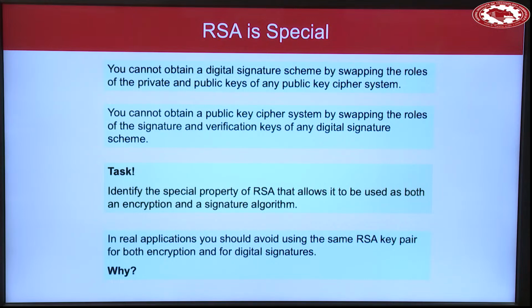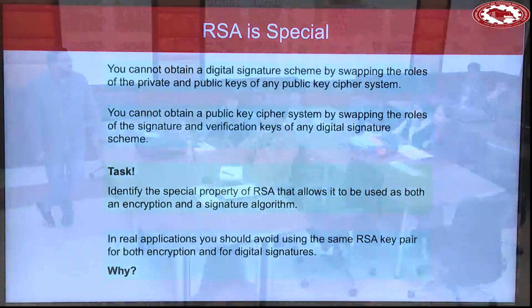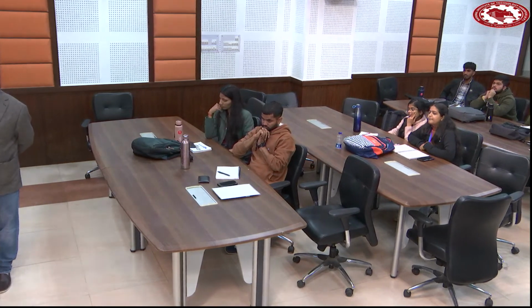Yet it is the same algorithm, RSA, that you can use for both encryption and signatures. So what are the properties that make it unique? The task is to identify the special property of RSA that allows it to be used as both an encryption and a signature algorithm.